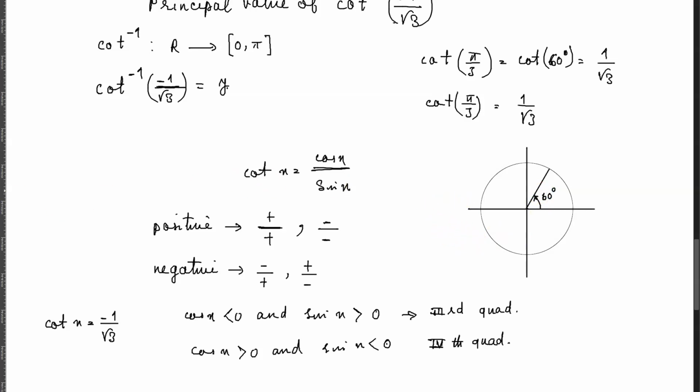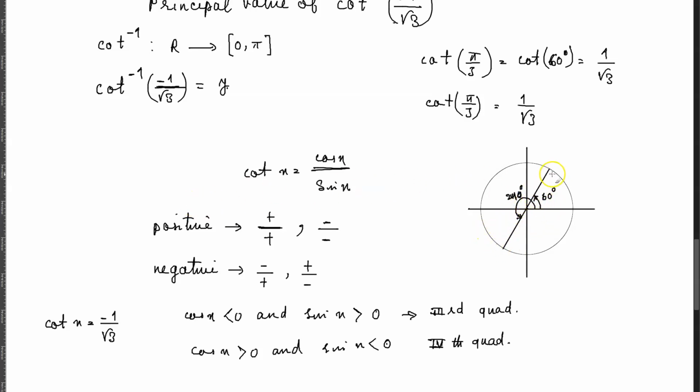Now let's suppose that you have some angle in the third quadrant right here, and that is 240 degrees. And 240 degrees is 60 plus 180. Which means that this angle is 180 degrees more than the angle that we have in the first quadrant, right?